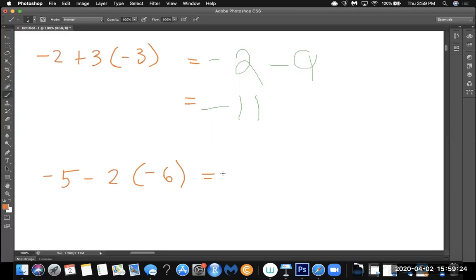Why? Because it's 2 negatives. Multiplying or adding? Multiplying. 2 negatives multiplied gives a what? A negative times a negative is a what? Positive. That's correct. So write -5 plus 12.